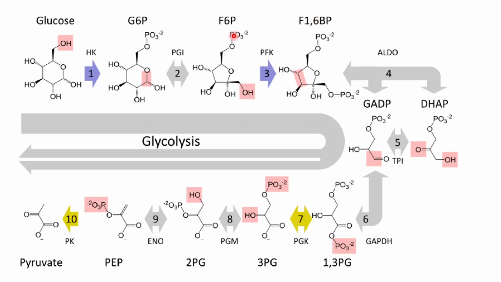This is the step, fructose 6 phosphate to fructose 1,6-bisphosphate. Here phosphofructokinase is taking one phosphate molecule out of ATP and transferring it to the fructose 6 phosphate to make it a bisphosphate molecule, and in turn converting the ATP molecule to ADP molecule.